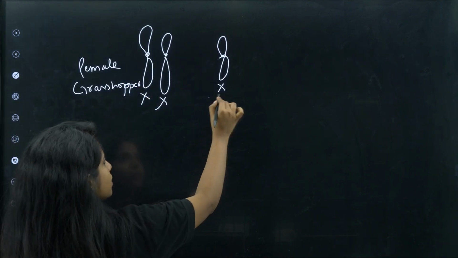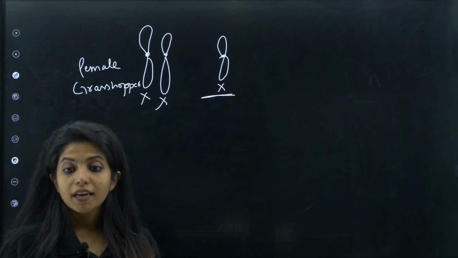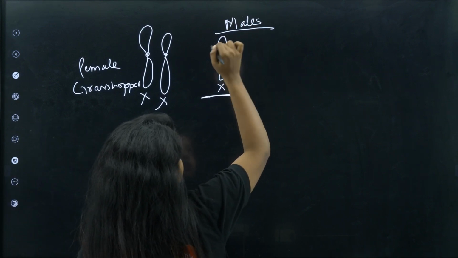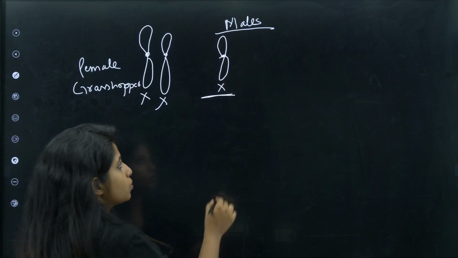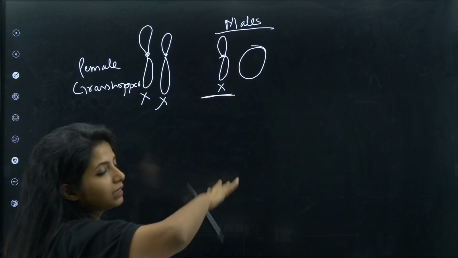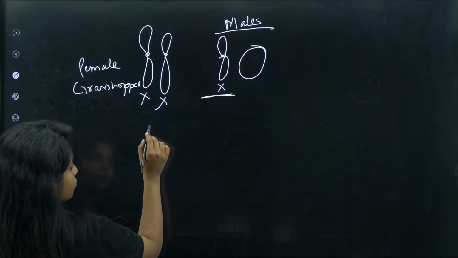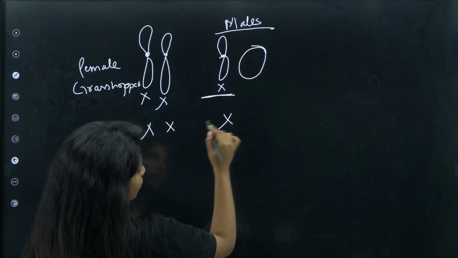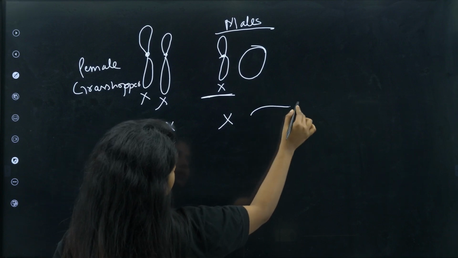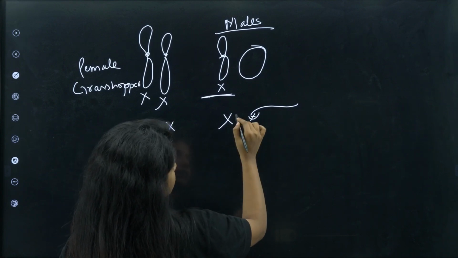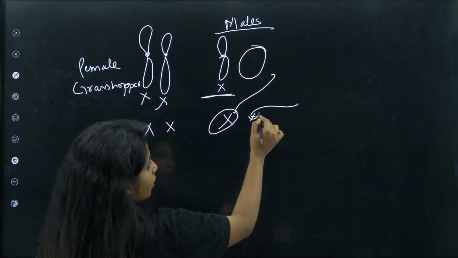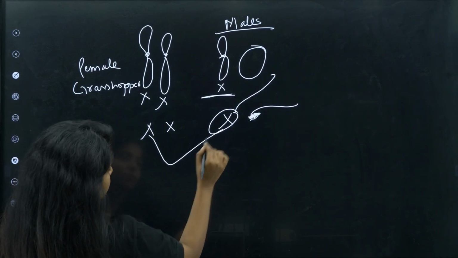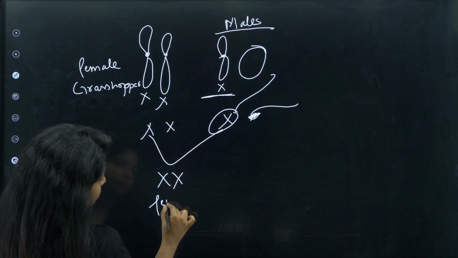So in the case of males, they have just one single sex chromosome, which is why we say XO, as in nothing is there. So there can be a sperm which has the X, or another sperm which does not have anything over there. Now, if this sperm and this egg fuse, you get XX, that is a female.